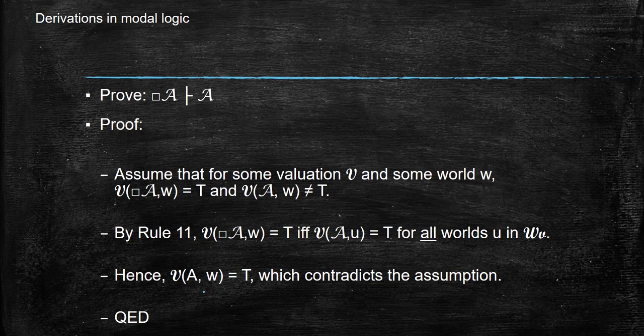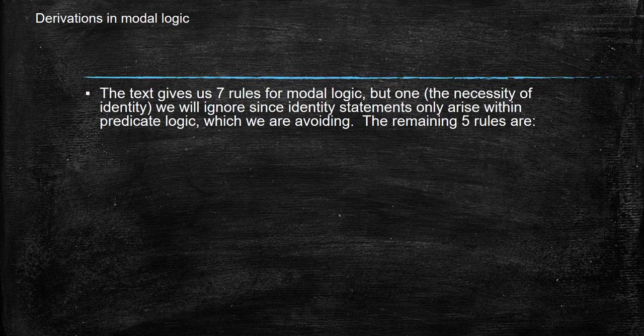Hence, the value of A at W is true, which contradicts the assumption. So this is just a very formal way of saying, look, if necessarily A is true, it's because A is true in every world, therefore A must be true in any world.